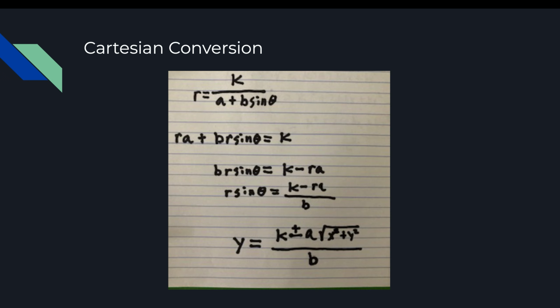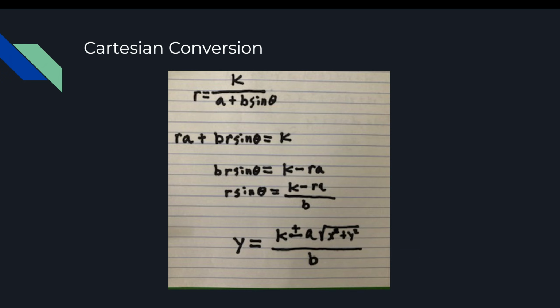Now let's convert k divided by a plus b sine theta from polar form into Cartesian form. So our first step here is going to be to get rid of the fractions. So we're going to multiply both sides by a plus b sine theta, which we then get right here. And then our next step is going to be to divide both sides by b.